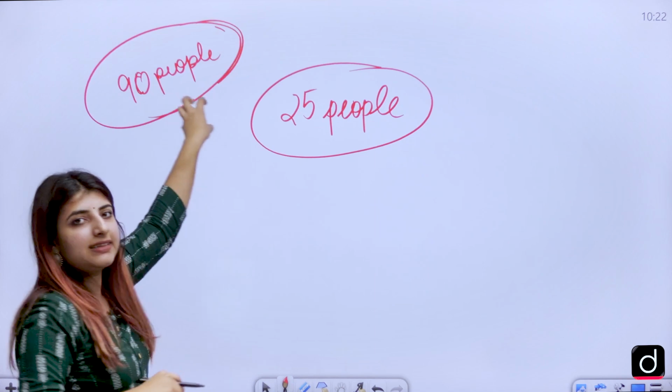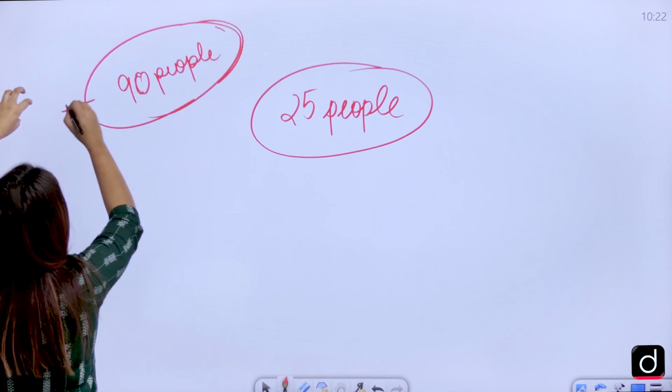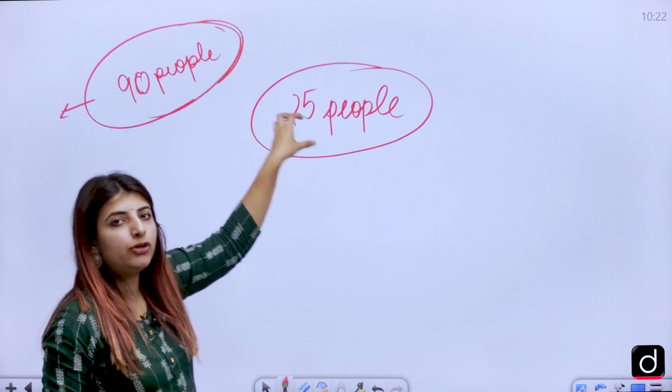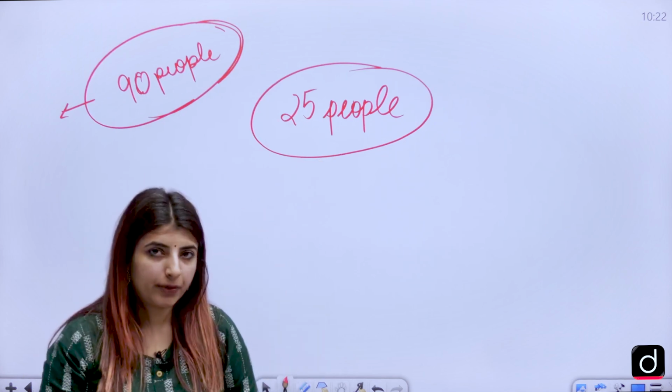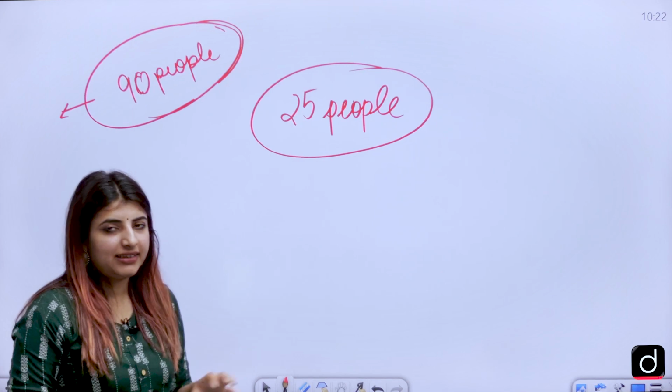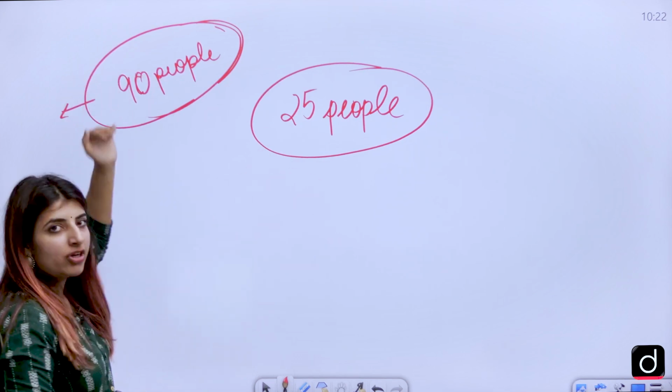So let's see that if this is my population and I am going to choose only 25 persons from that very group, right? With the same characteristics as the population has.